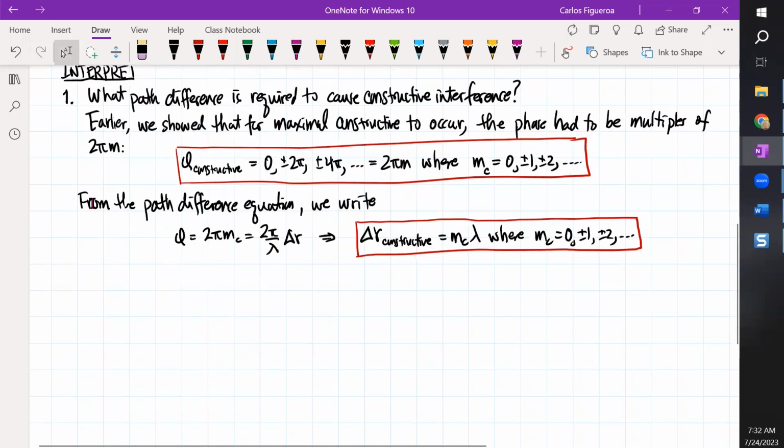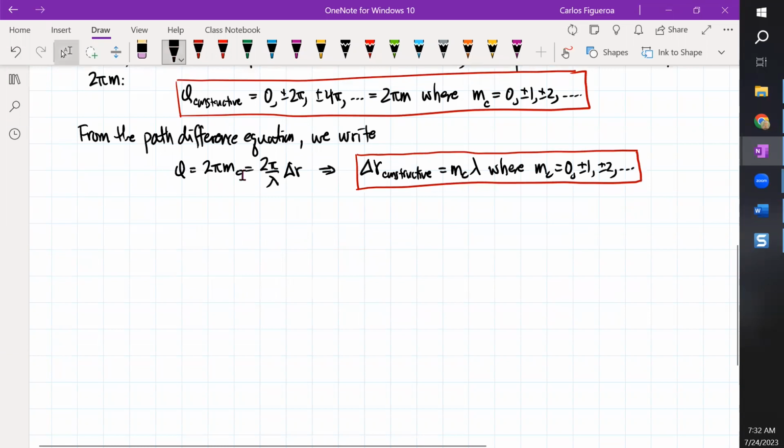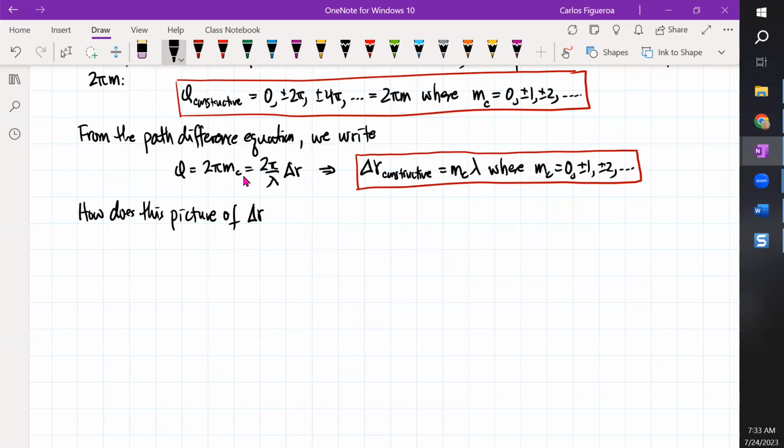So the phase equation and this path difference are really one and the same thing. It's easier to interpret what we mean by path difference to see what our picture should look like. So how does this picture of delta R constructive work?